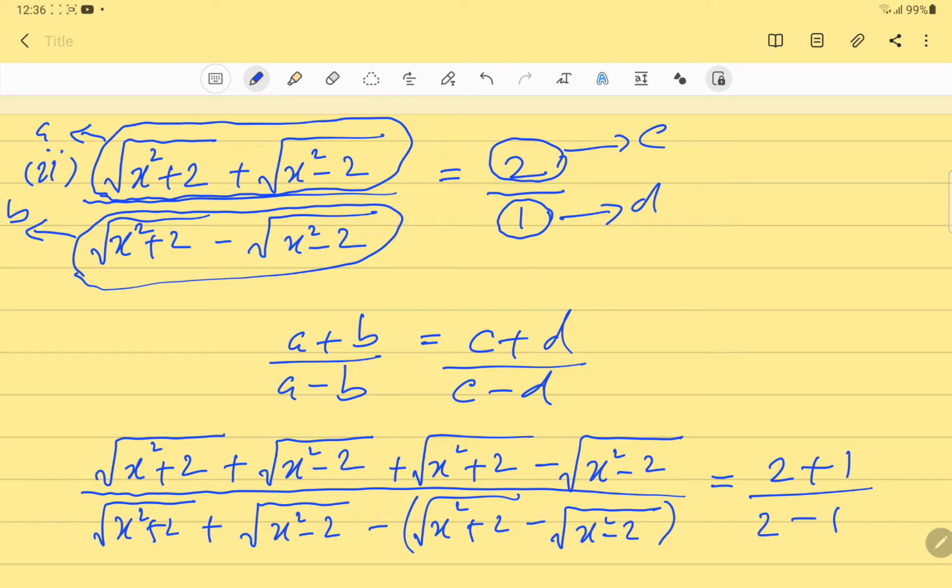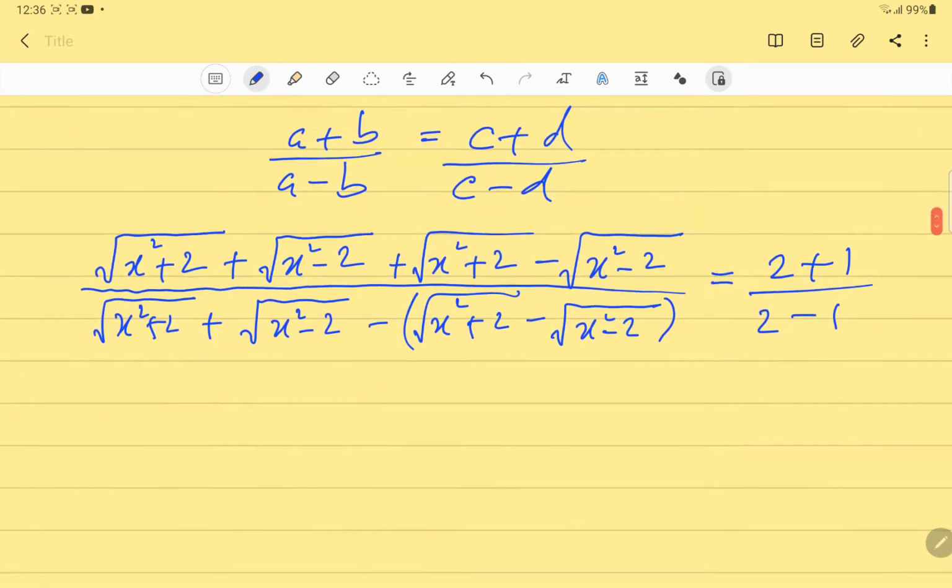Like c plus d is 2 plus 1, c minus d is 2 minus 1. Okay.